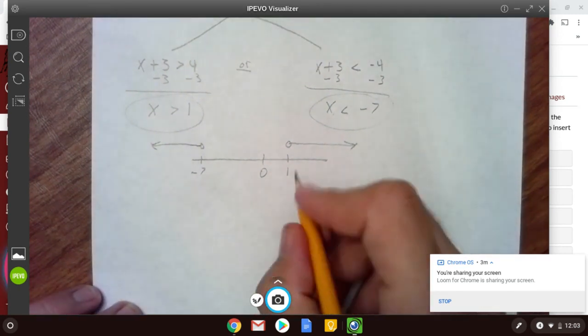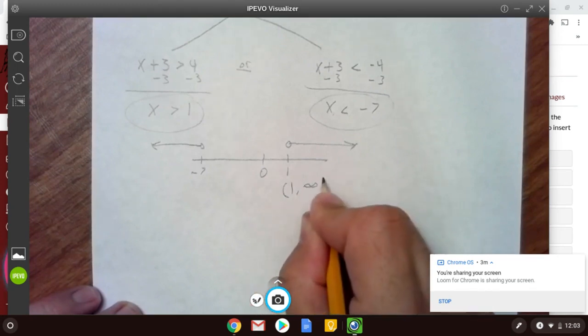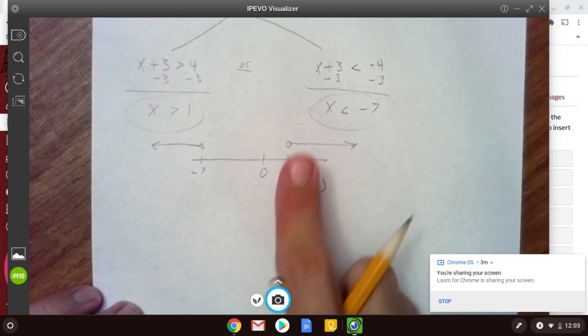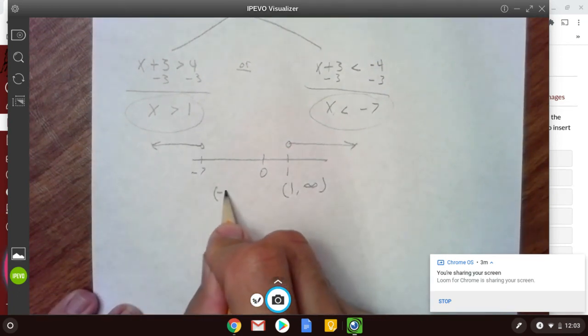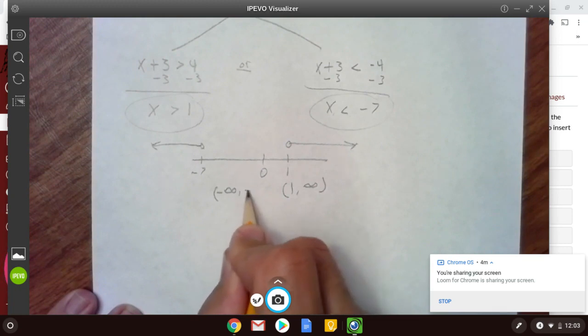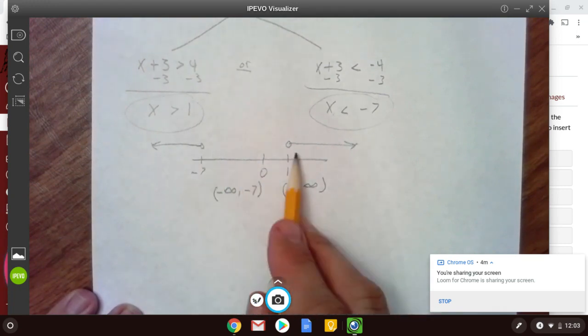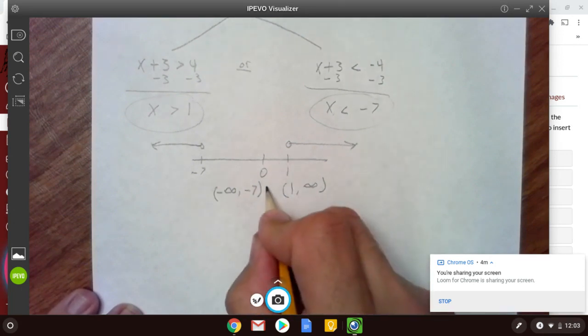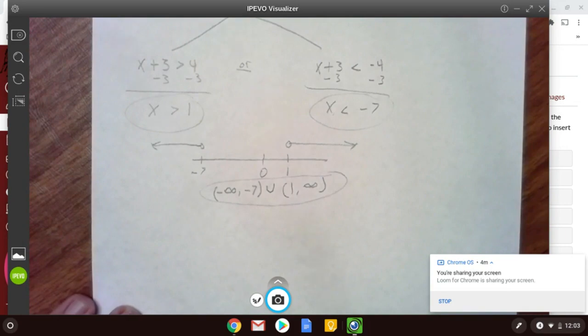So for this one, it would be 1 to infinity, but with parentheses because it's an open dot. And for this one, it would be -infinity to -7. It's one set of numbers, so we would union these two. All right, there we go.